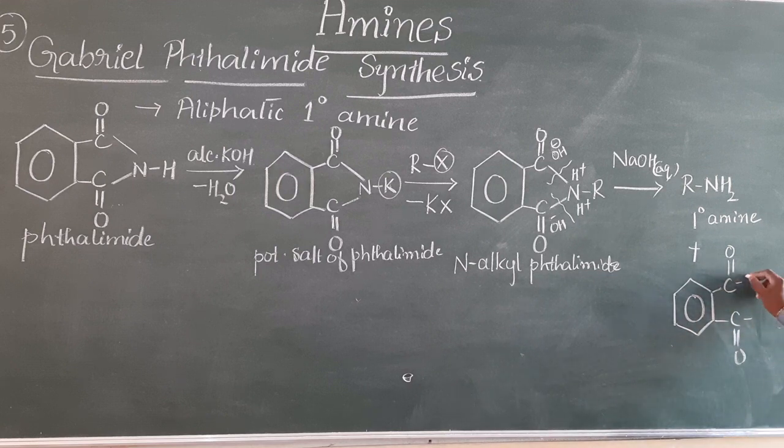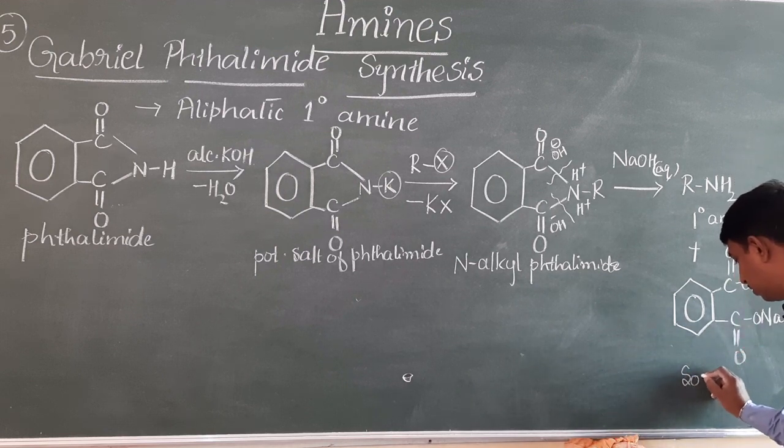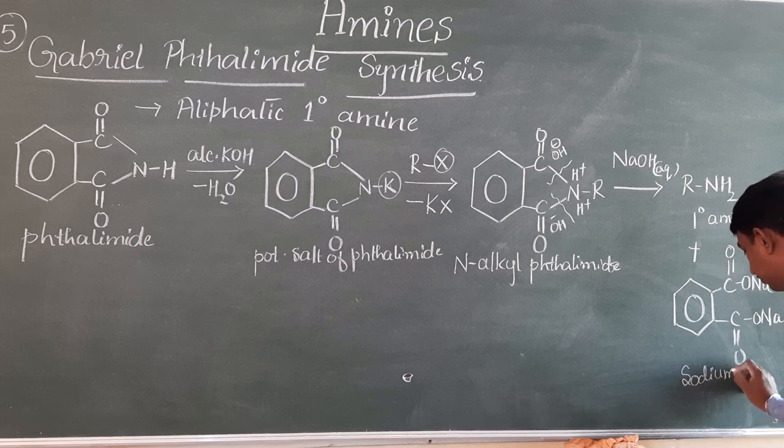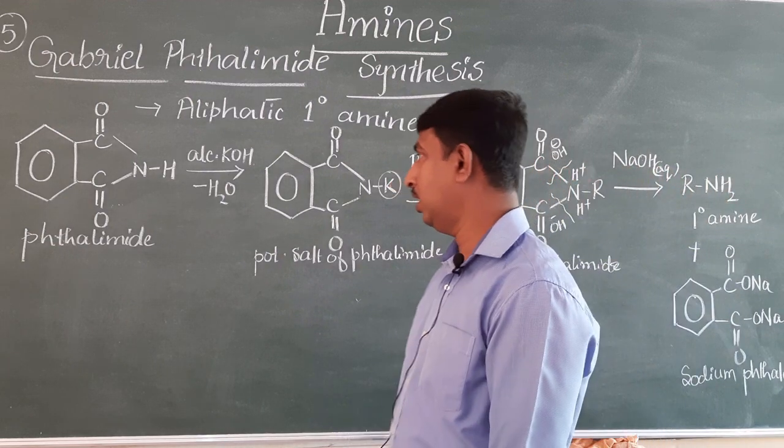So COOH becomes COONa, this is also COONa. The sodium salt of phthalic acid is named sodium phthalate.